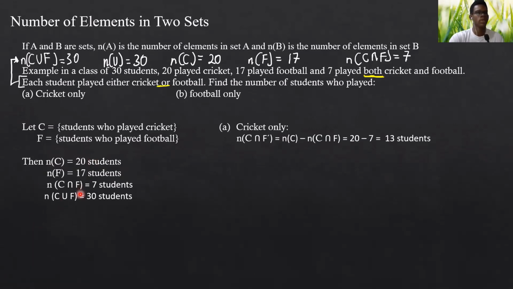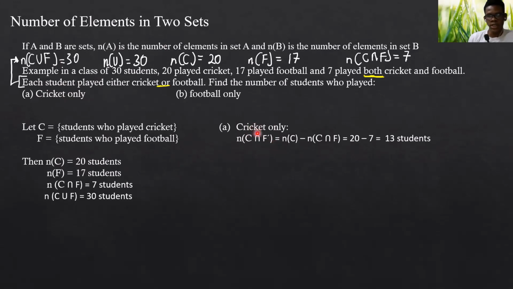So if we want the number of elements who played cricket only, this is a set notation. You remember the set notation for cricket only would be C intersect F complement, right? We put the intersect and the complement sign on the football, which is the one we don't want. We want C only, right? Remember those set notations, right?